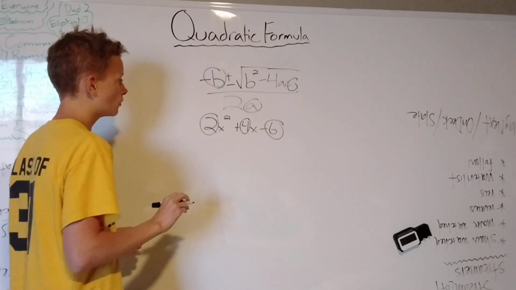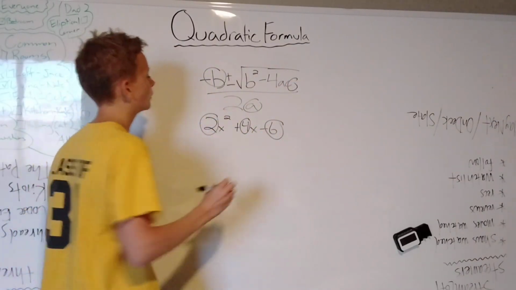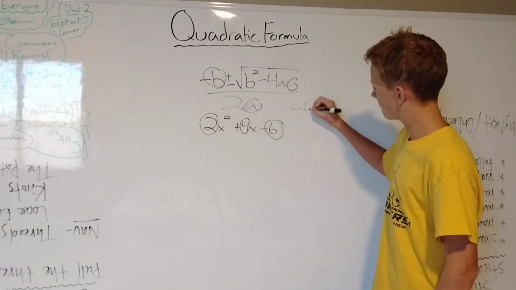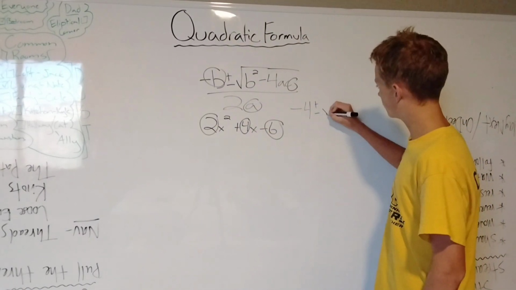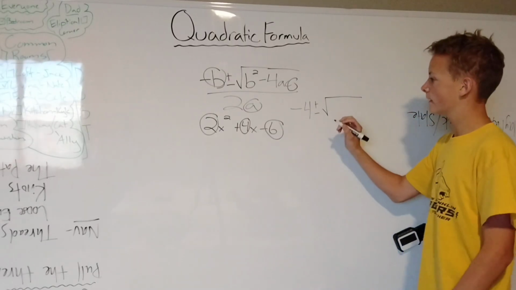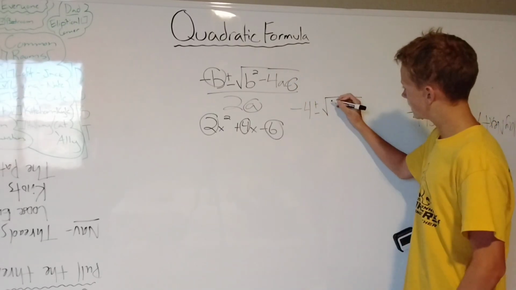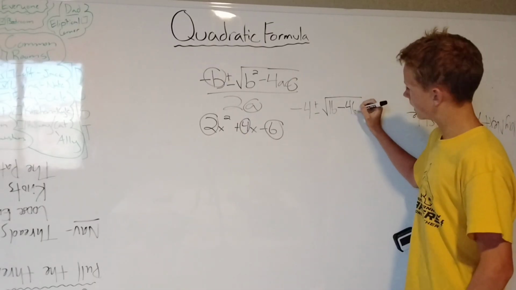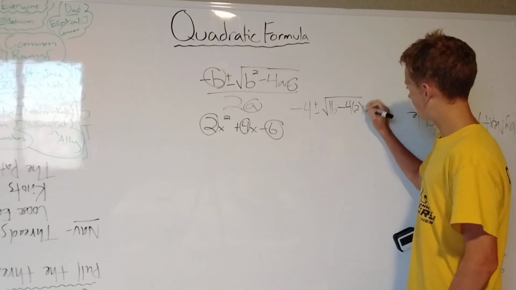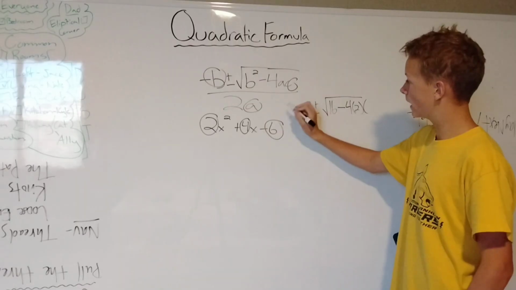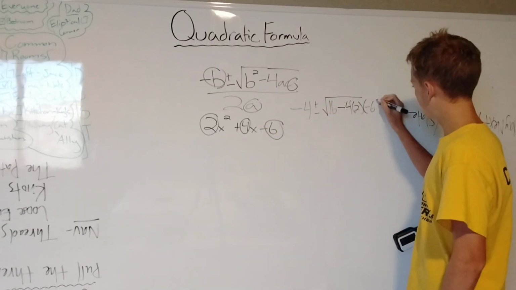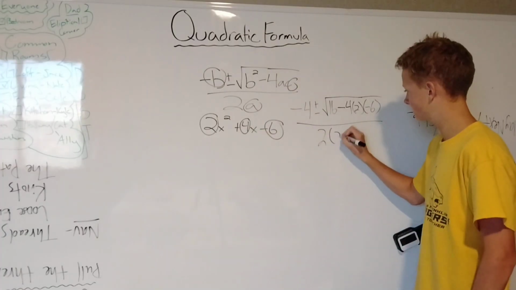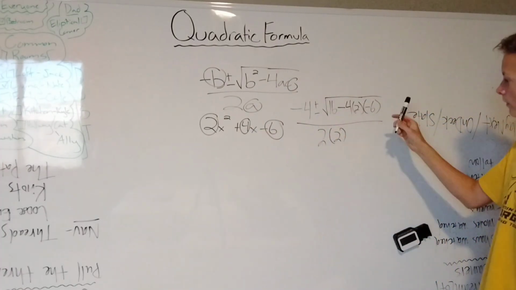So in this equation, it would be negative b, which is 4, plus or minus the square root of b squared, which is 4 squared, so that's 16, minus 4 times 2 for a, times negative 6 for c. And all that over 2 times 2 for a. Okay, so this is our quadratic formula.